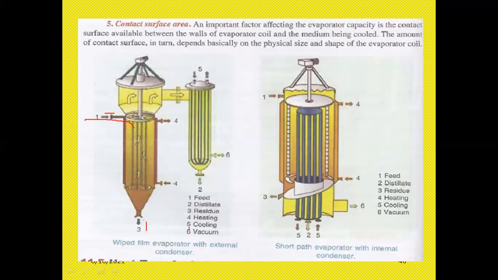See the figure here: the feed, the distillate, the residue, the heating, cooling, and vacuum. So where is the cooling here? At point 5, the evaporator has a cooling point, a vacuum point, and a heating point. Point 4 is a heating point.